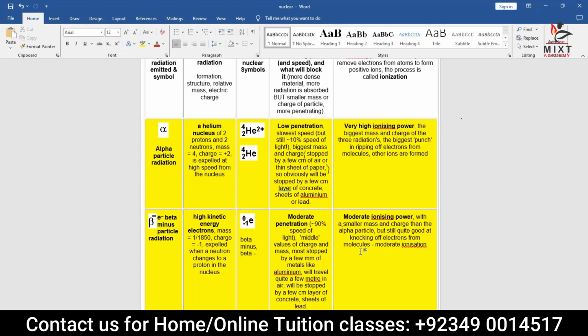Next, their representation: they can be represented by this beta sign with a -1 on top, or it can be e with a -1 here and 0 here, because they have a negative charge.